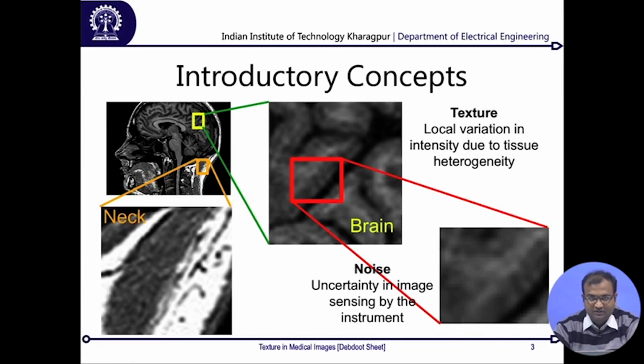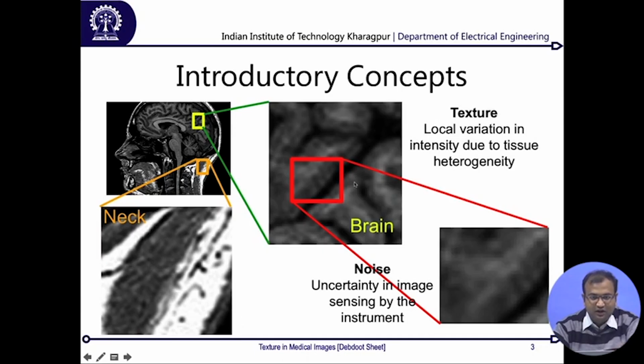Noise would be corrupting each individual pixel, and there would be variations at the per-pixel level, or even at sub-pixel levels. Whereas textures would be at a much more macro level. You need a group of pixels in order to understand local variations between pixels, such that you can characterize something called a texture.